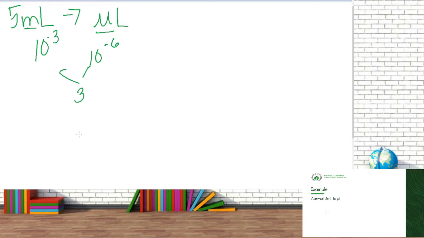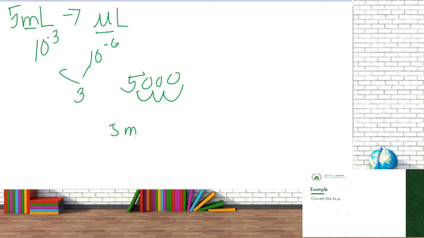We are going to move it to the right because 5 mL is larger than microliter. So we have 5 and we move it 3 decimal places: 1, 2, 3.